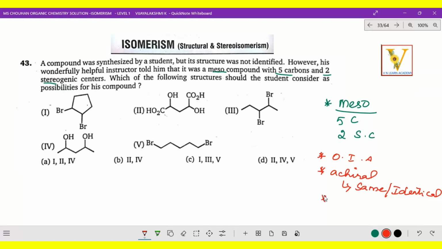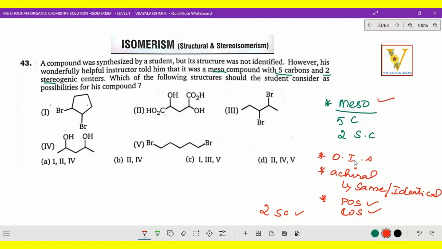And the next one, POS and COS, both are present. Achiral molecule means COS and POS will be present. And the next one, optically inactive. And the next one, a minimum of two chiral centers must be present, that means two stereogenic centers must be there. So these are all the points applicable for meso.